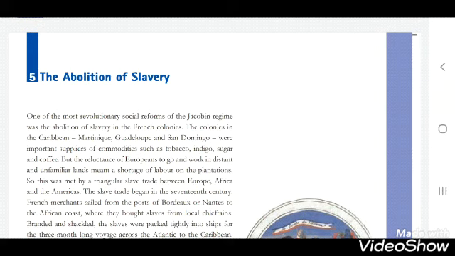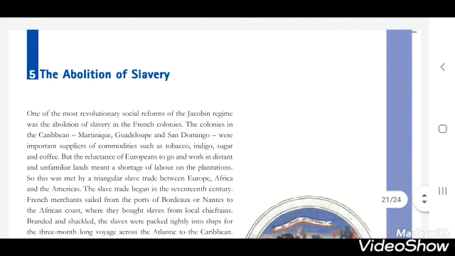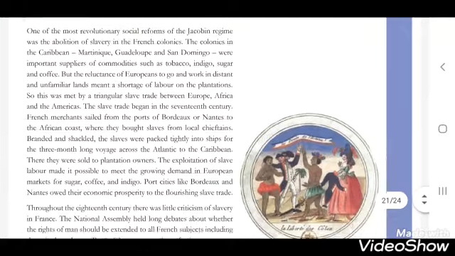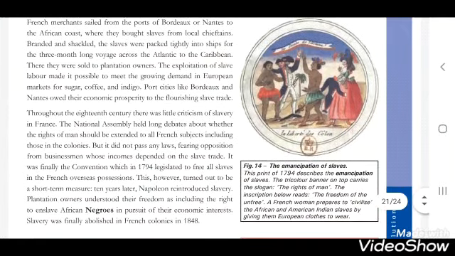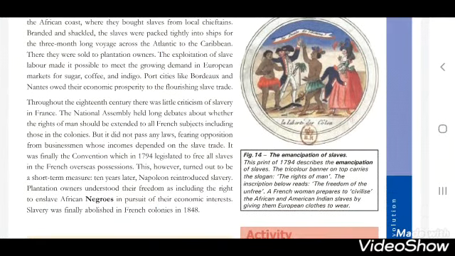And ports like Bordeaux and Nantes became economically prosperous because of the flourishing slave trade. Throughout the 18th century, there was very little criticism of slavery in France, as no one was criticizing slavery.